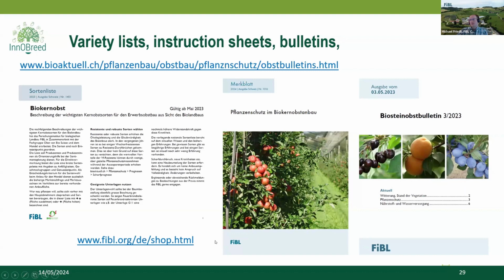And all the publications from Fiebel you can download for free from this website, fiebel.org. There is the so-called shop where you can download these different publications. And also on the website bioaktuell.ch, which is only in German and French, you can download different materials, and there are also some interesting articles regarding organic fruit production.